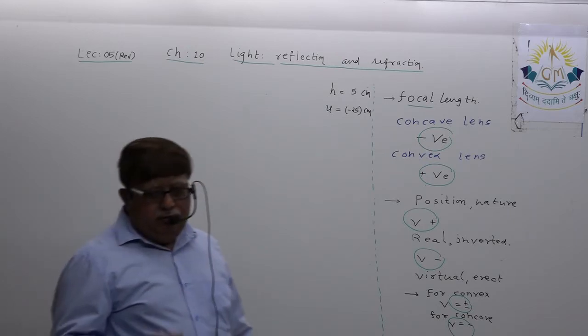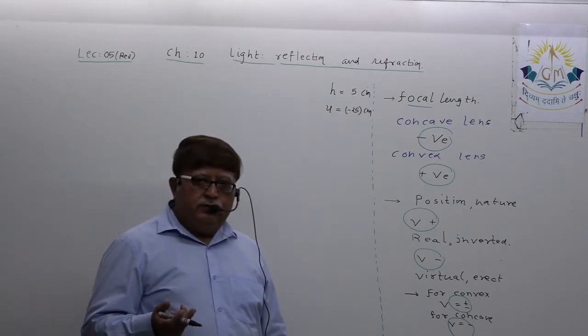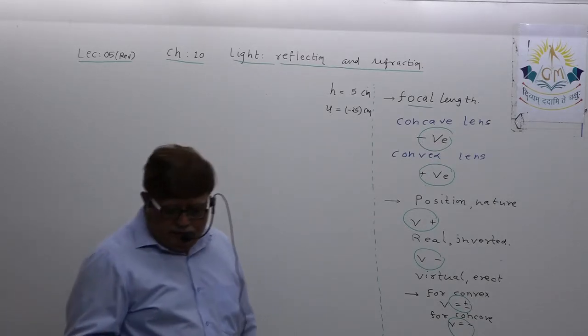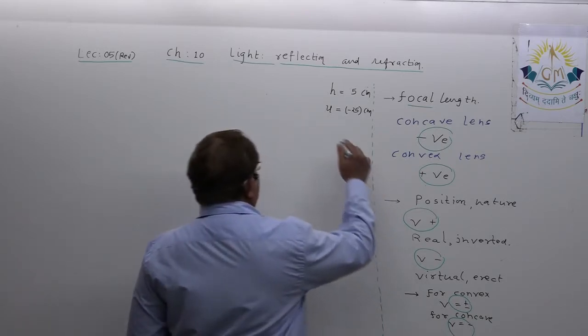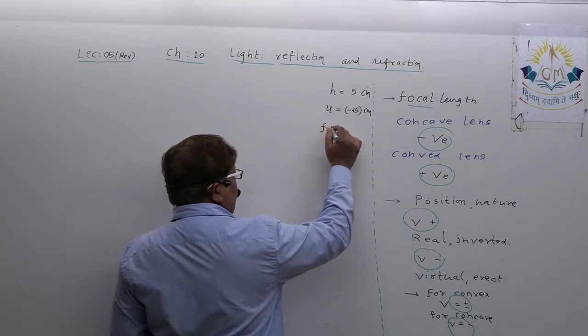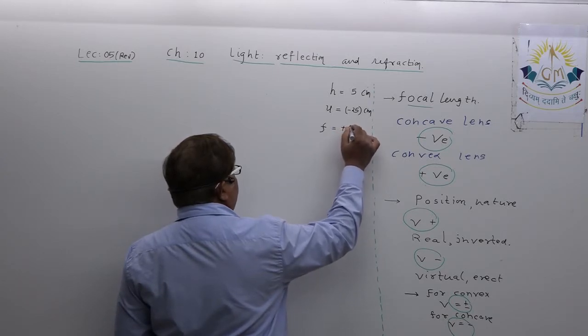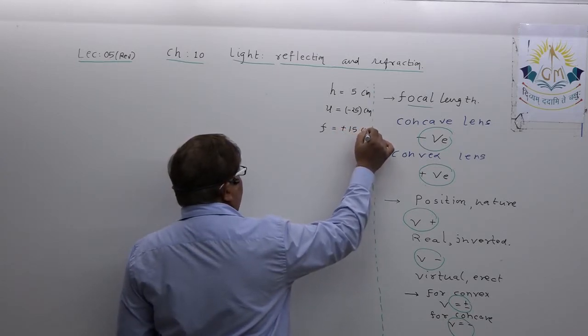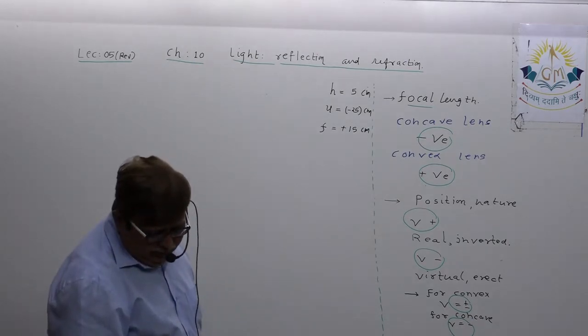It is a converging lens, which means convex lens, of focal length 10 centimeter. Obviously, when you are dealing with the convex lens, focal length is always taken to be positive.